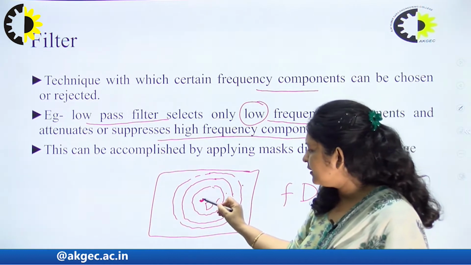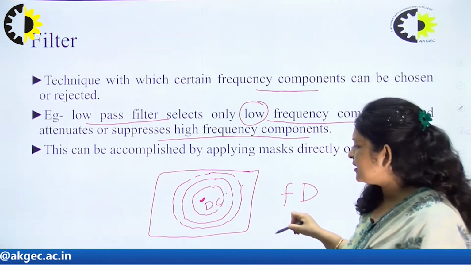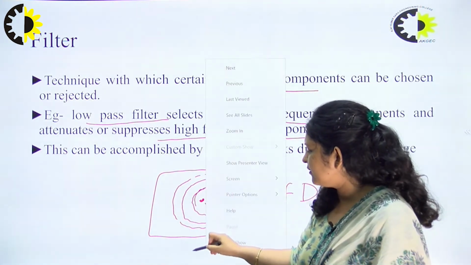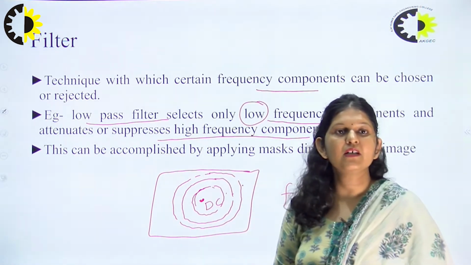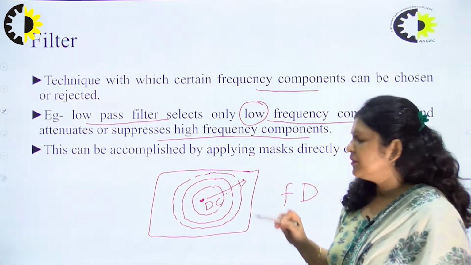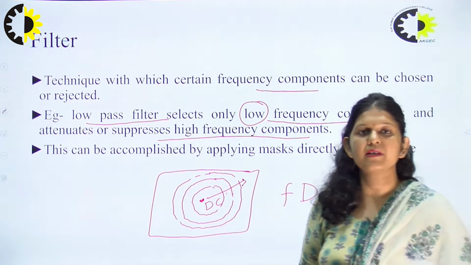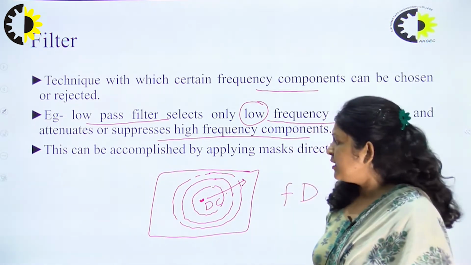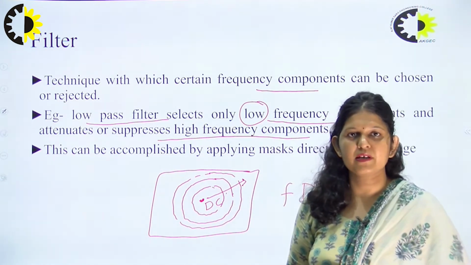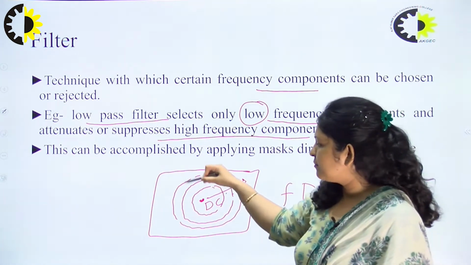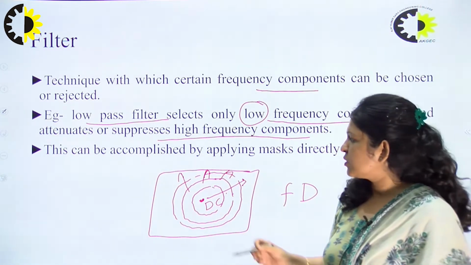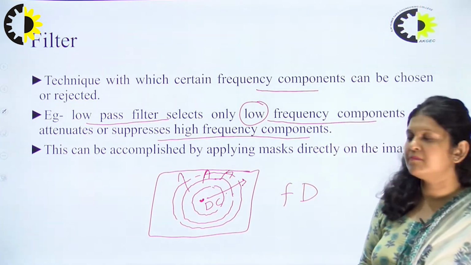Just remember that the concentric circles which are near to the center, the nearest one, represent the low frequency components, and as we move away from the center, those concentric circles represent the high frequency components. So a low pass filter would retain the low frequency components and the higher frequency components beyond this would be removed. This can be accomplished by applying the mask.